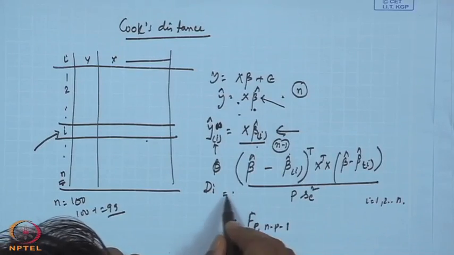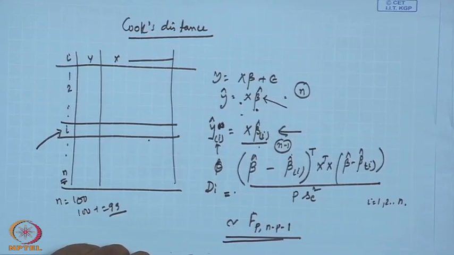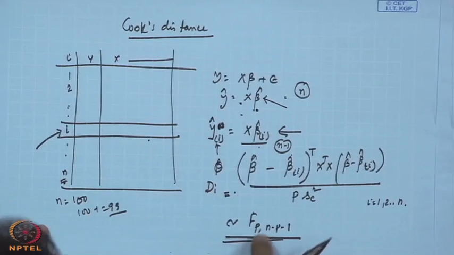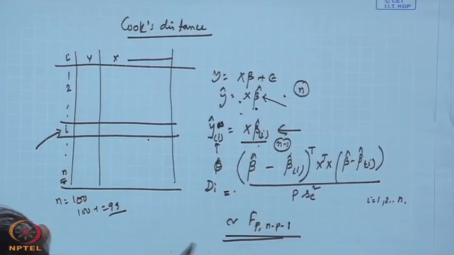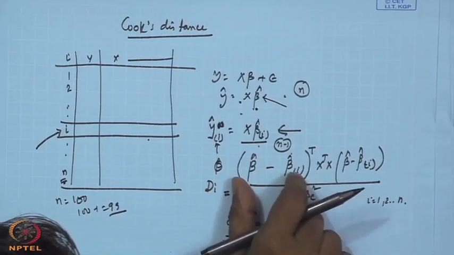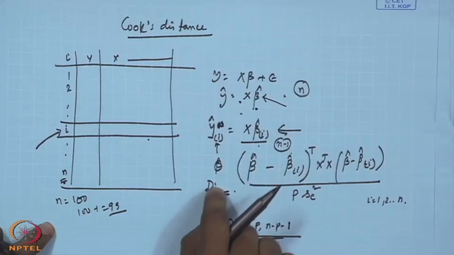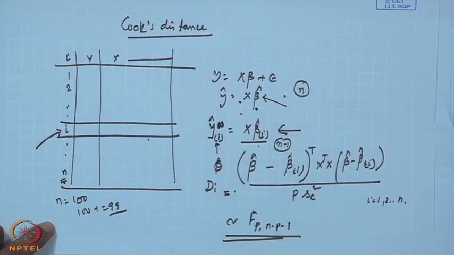Now this quantity follows F distribution. Okay. So now what we are trying to say, this Di should become as close to zero as possible. So we will be looking for this Di value as small as possible, then we will say that it is not away from the general mass.